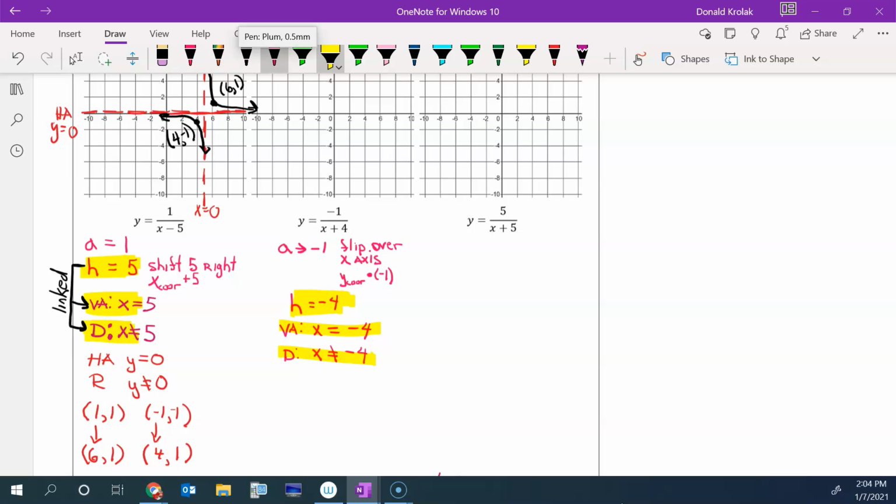Okay, so the transformation that's going to happen here, this is going to slide or shift 4 left.